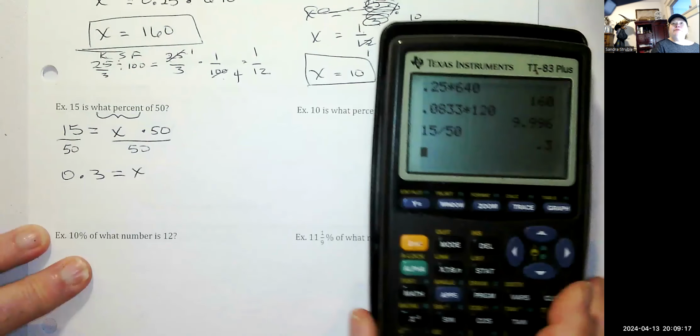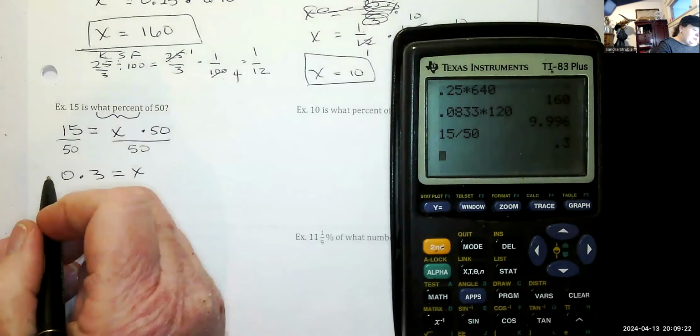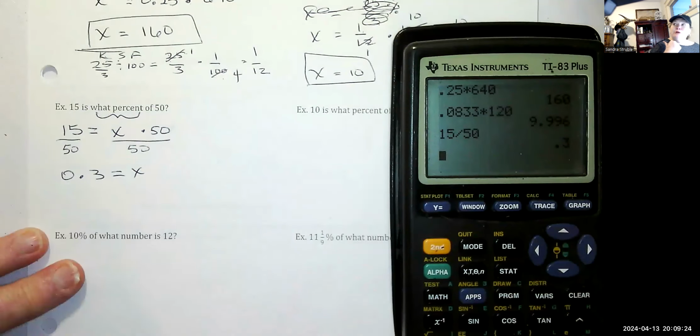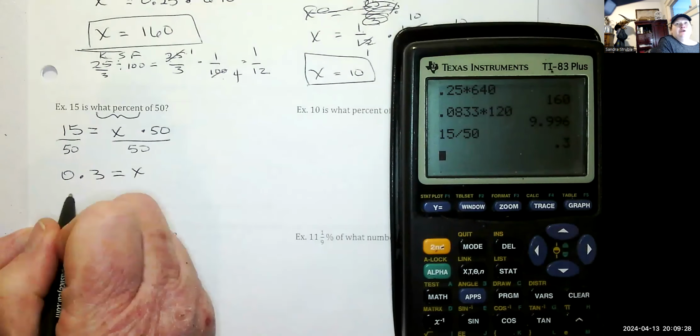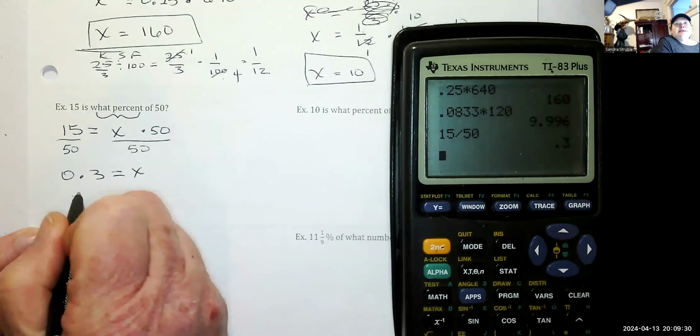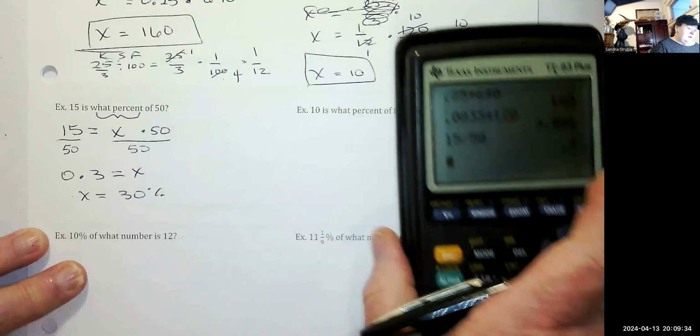Now that's the decimal version. That's not switching it to a percent. To switch a decimal to a percent, remember you've got to move your decimal over to the right 2 places and add a cute little percent sign, or just multiply by 100. So X is equal to 30%.